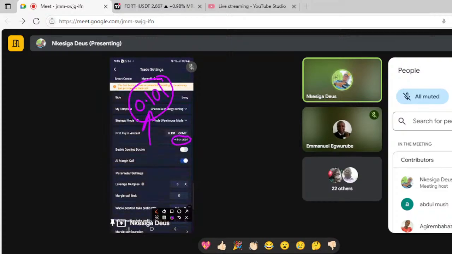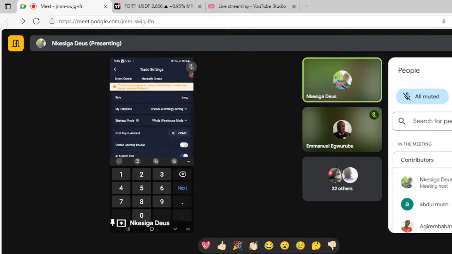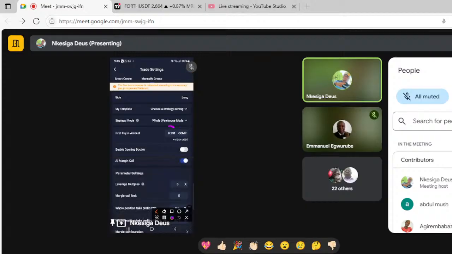If you want to increase, you are going to get 0.101 times 2. If you want to put 10, I can change it there. If I want 10, are you seeing now? I'm going to use 0.201 to make my first buy $10.